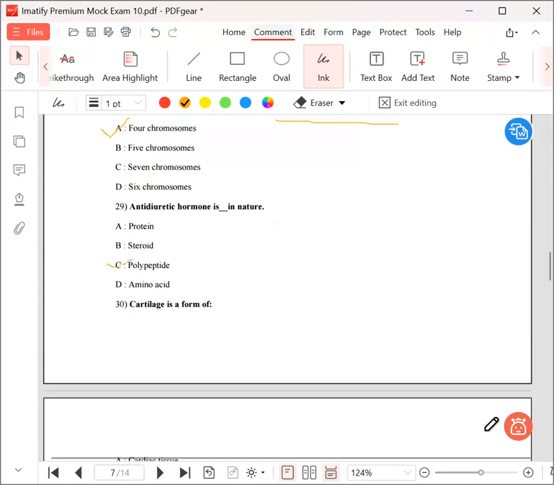So let us remember some examples of protein hormones: insulin, glucagon, somatotropic hormone. Some polypeptide ones are antidiuretic hormone, oxytocin, gastrin, prolactin, secretin, parathormone, calcitonin. In the amino acid derivatives, we have thyroxine, both T3 and T4, adrenaline and noradrenaline.